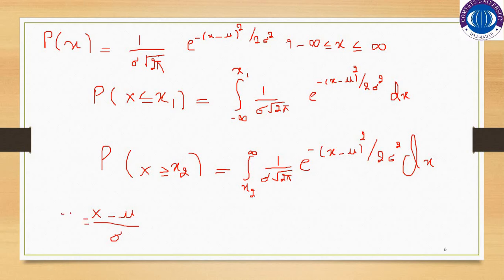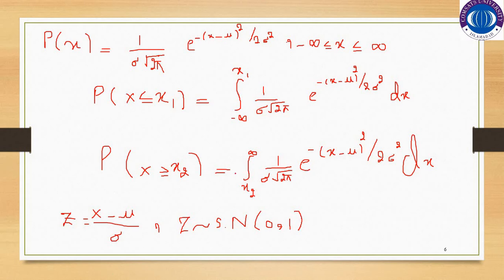Now z is the new random variable, and z is following the standard normal distribution with mean 0 and variance or standard deviation. You can say variance or standard deviation, in both cases it will be 1. So this is the way.